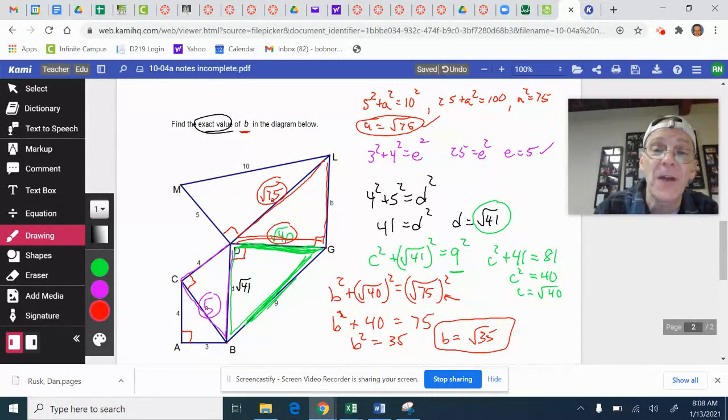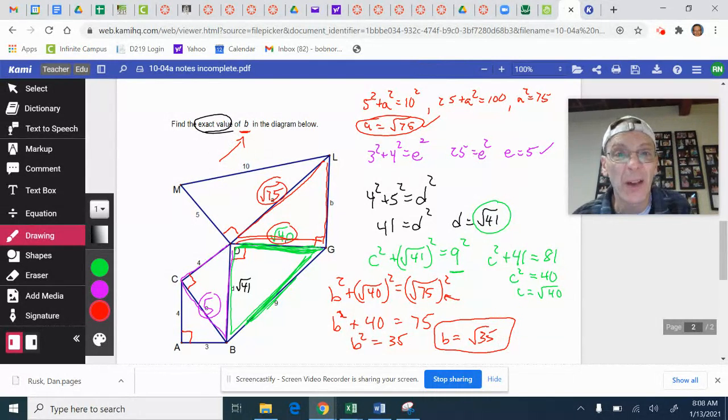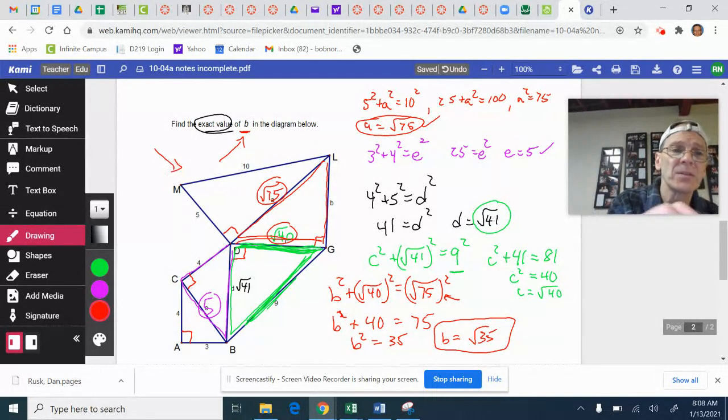Now, if this final answer, the value of B, could be simplified as a radical expression, then you should. None of the others were worth simplifying because we weren't done with the problem. And simplifying them would have just created more work than we needed to do. Okay? So, big lesson of a problem like this. 2 big lessons.